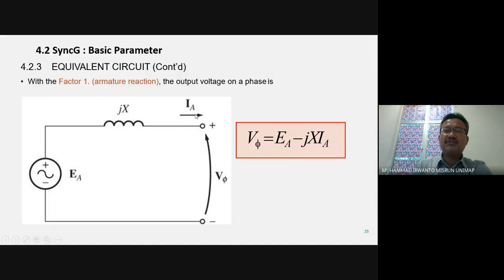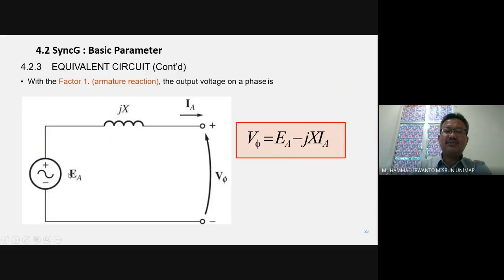The current is given as IA. The relationship between EA, the voltage drop across the armature reactance, and the phase voltage is: phase voltage equals EA minus JXIA. Meaning the internal generated voltage is higher than the phase voltage.